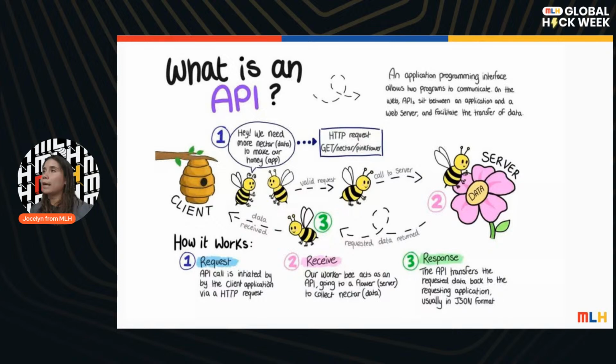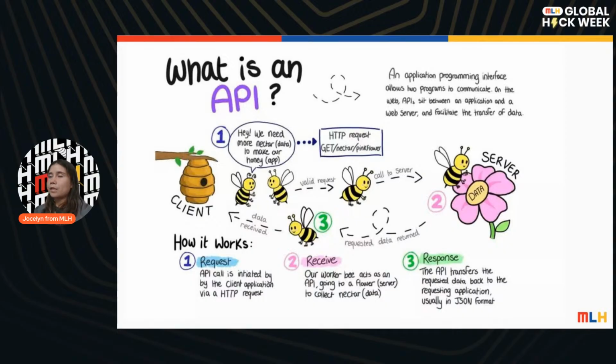You make your API request, and the bee travels all the way to the server where your data is, which in this case is a flower, because from the flower you get all the nectar. That is step number 2. Once you fetch that data, you move on to number 3, the actual response. The API transfers the requested data back to the requesting application, usually in JSON format.